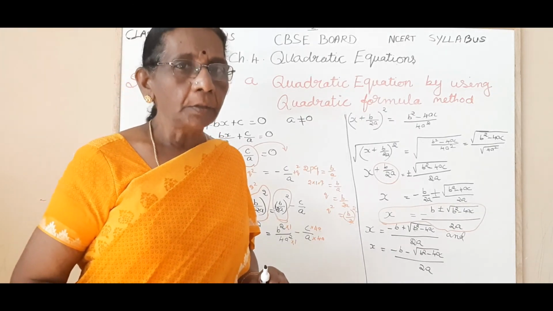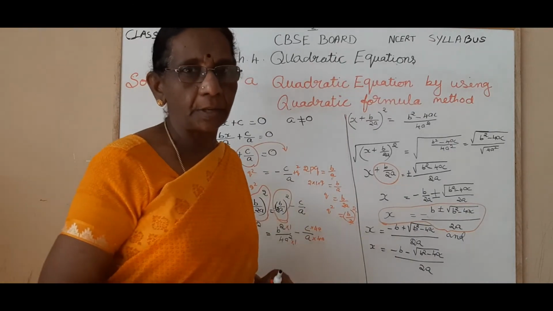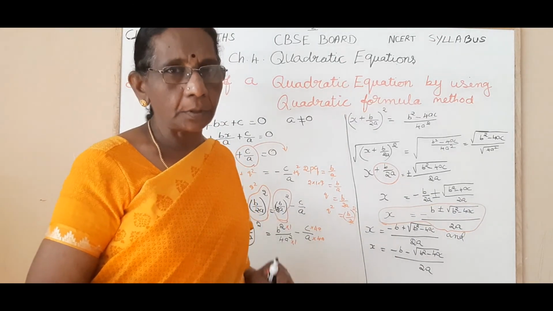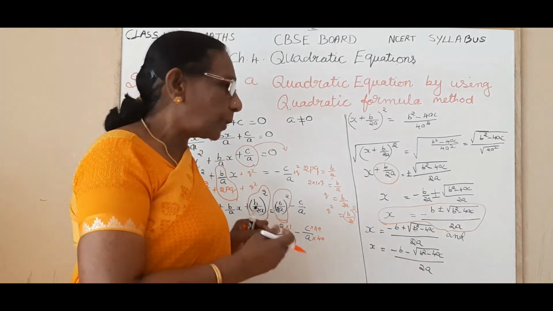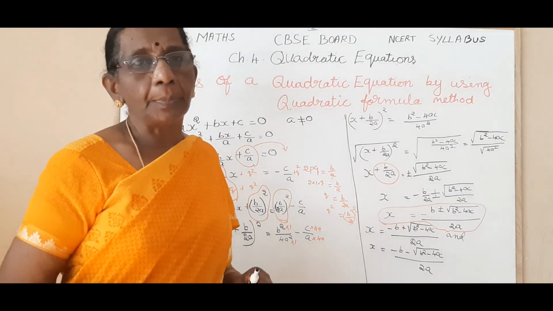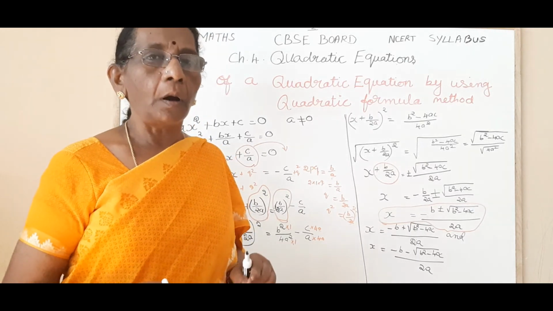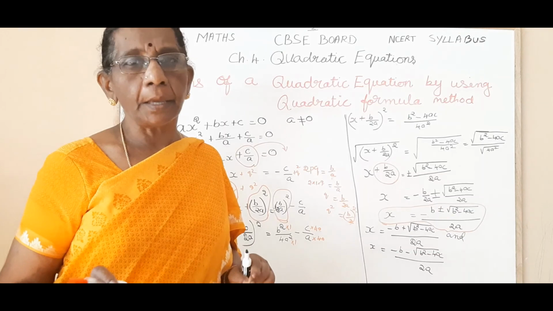Isn't it, children? So for that only I just derived the formula in this session. I hope you might have understood this, and now it will be easy for you to remember and register in your mind, and you can apply this for finding the roots or solutions of the given quadratic equations.